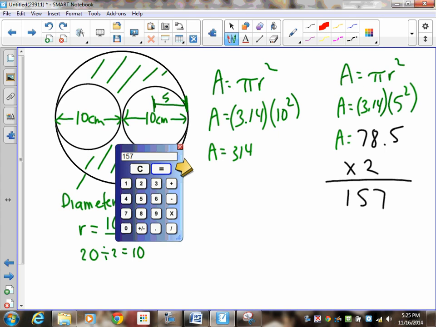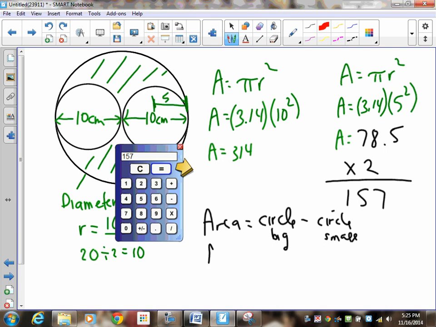So to find the area of the shaded part, I need to take the area of the big circle and subtract the area of the small circles.